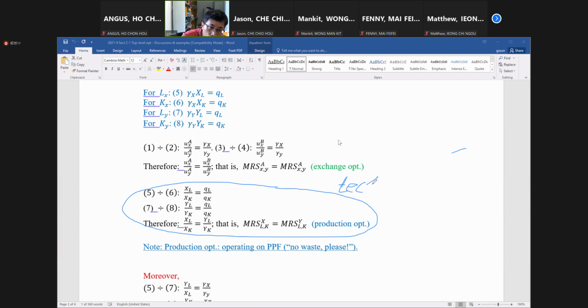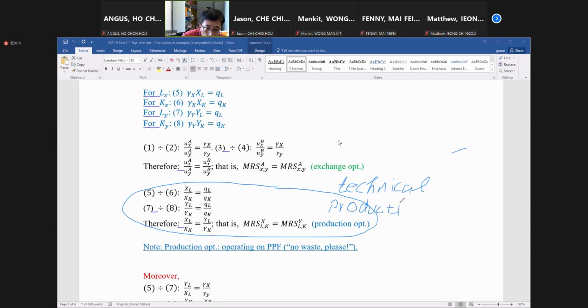It's about technology. Or sometimes we call this technical efficiency, or sometimes we call this productive. Sorry, it's pretty hard to write. Productive.